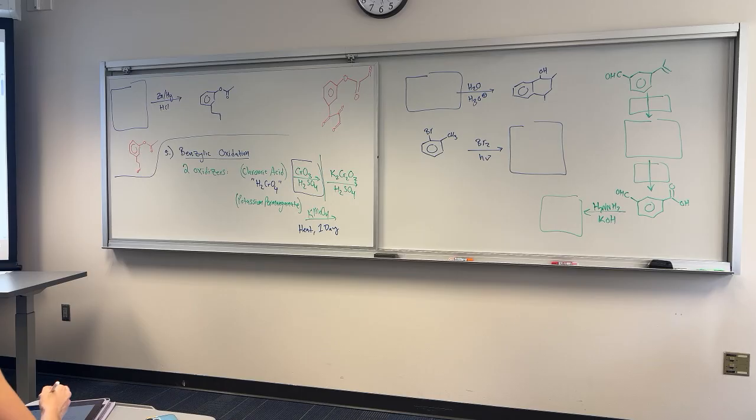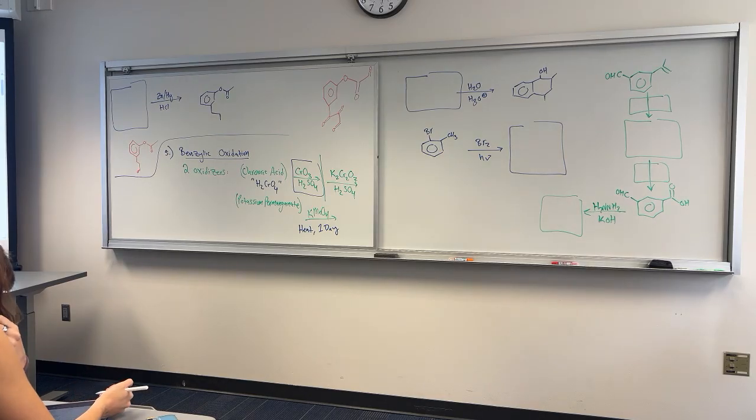This reagent tells us what type of reaction is happening, or what functional group is needed in the front. I don't know why I erased it, but it's a halogen.